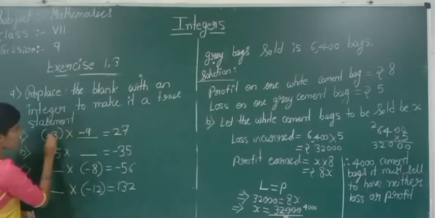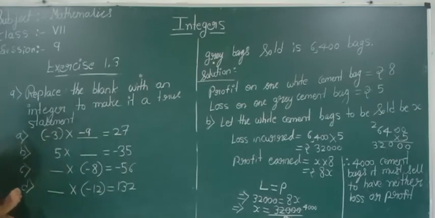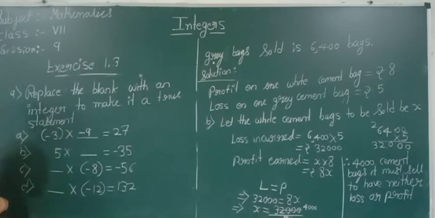When two negative integers are multiplied, we get a positive integer. 9 3s are 27, minus will become a plus.